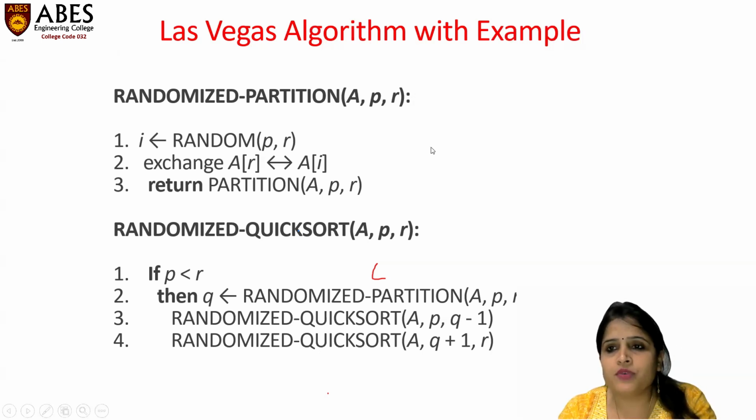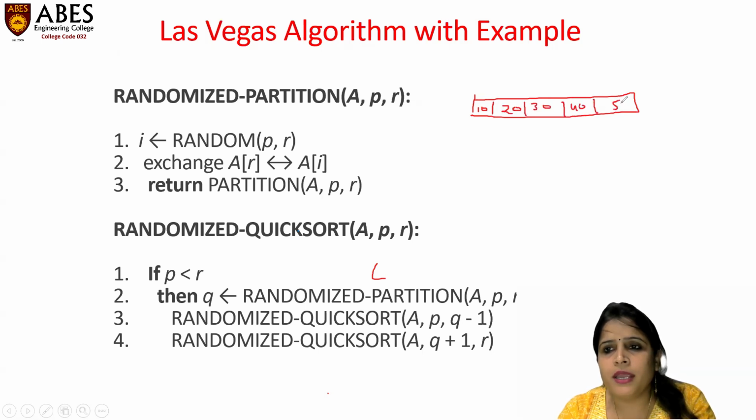To understand the randomized quicksort concept, let us take an example. Suppose we are given an array A whose values are 10, 20, 30, 40 and 50, with array indexes 0, 1, 2, 3 and 4.